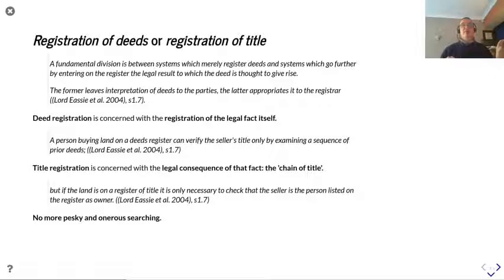Whereas title registration is concerned with the legal consequence of that fact, the chain of title. And so if you have a chain of title, you can just look at that title deed, as it were, and it tells you everything you need to know about the whole chain. There's no more pesky and onerous searching.